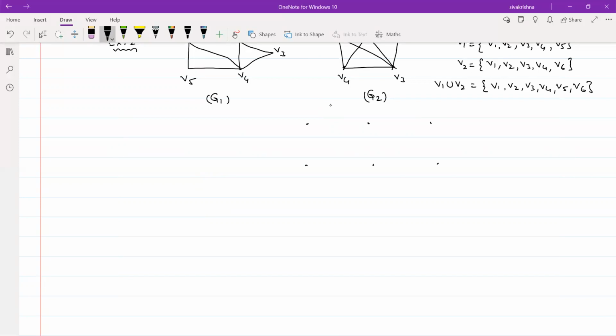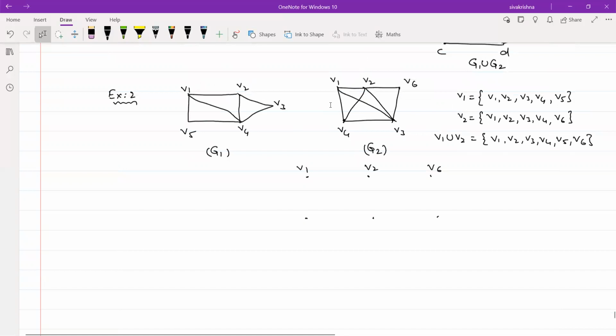This is V1, this is V2, this is V6. Since we are having V1, V2 and V6, I have represented them in the upper row, and in the lower row we are having V5, V4 and V3.